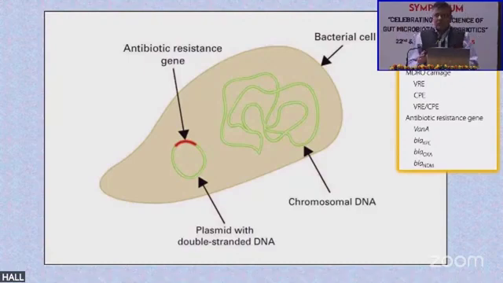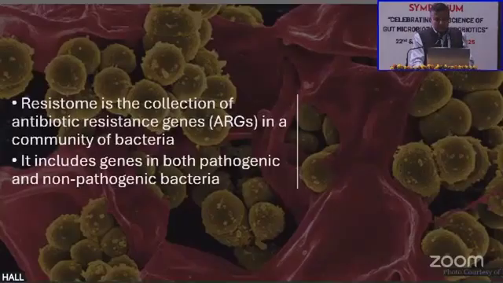So it is a very important part of this concept. MDRO can be things like vancomycin-resistant Enterococci, VRE, carbapenem-resistant Enterobacteriaceae, CPE. Antibiotic resistance genes can be VanA, etc. Both of these are very important if you are planning a study on antimicrobial resistance.